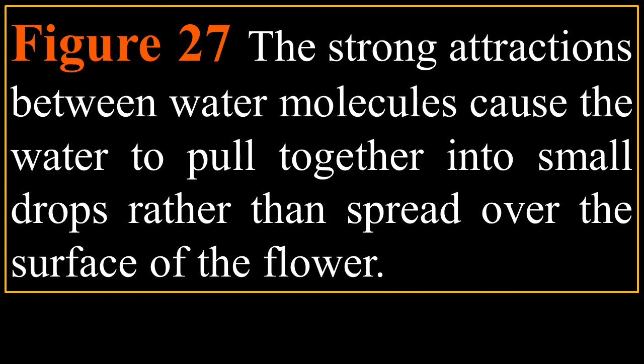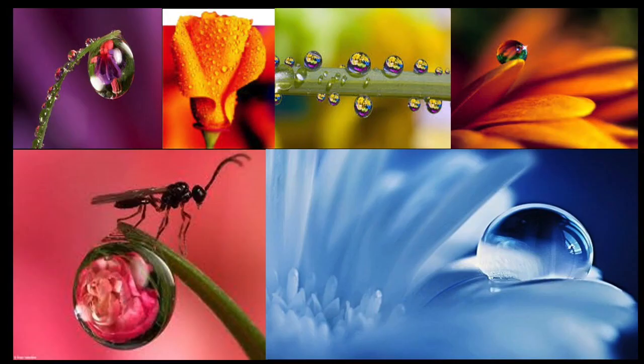In Figure 27, the strong attractions between water molecules cause the water to pull together into small drops rather than spread over the surface of the flower. When you put a surfactant into laundry, or detergents contain surfactants, the surfactant is to reduce hydrogen bonding. That's what the surfactants do. It gets rid of the beading.